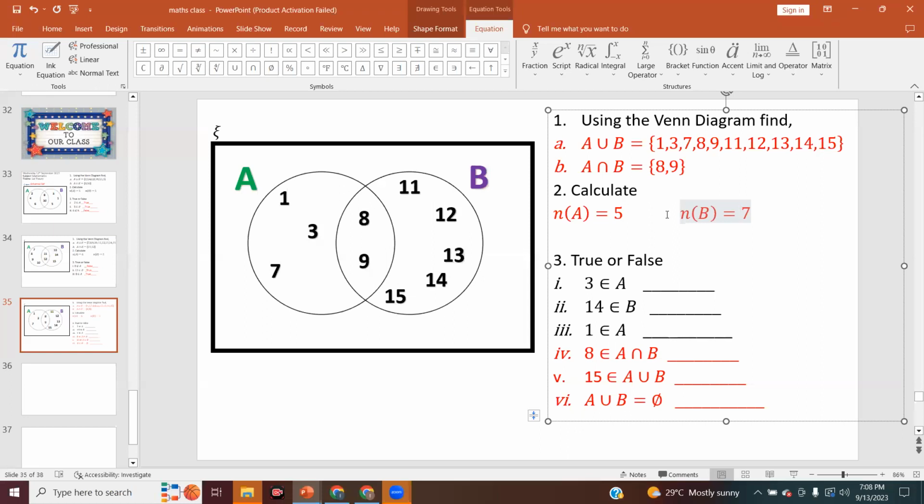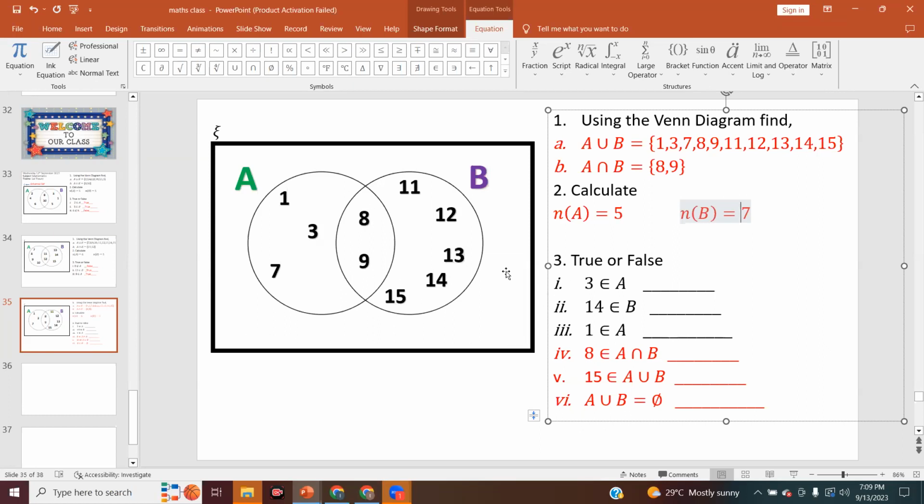So the number of elements in B is 7. And then for A, how many elements in A? We have 1, 2, 3, 4, and 5. So how many elements in A, Joseph? 5. That's how we get 5. Does that make sense? Yes, sir.